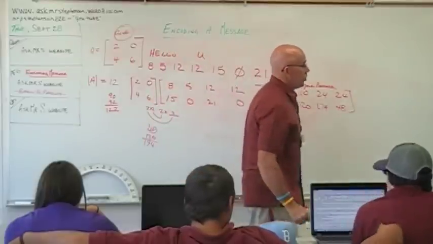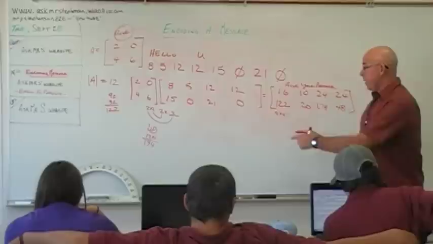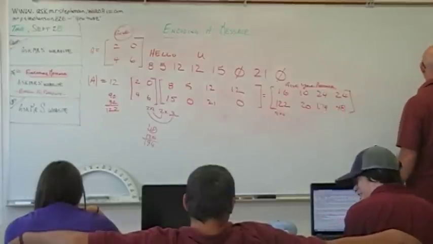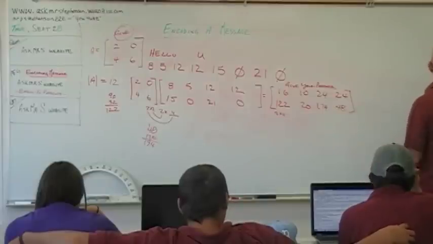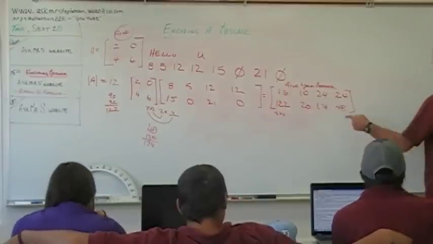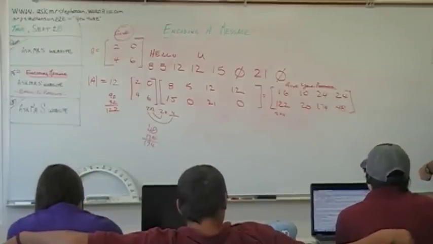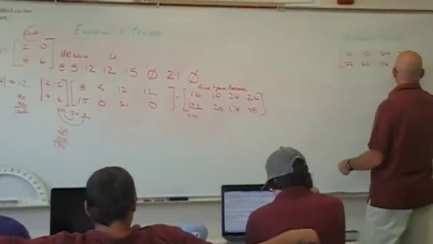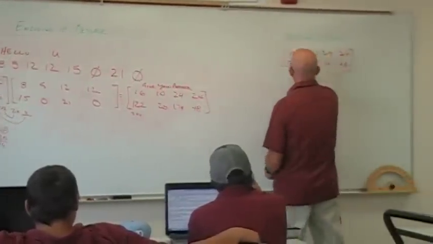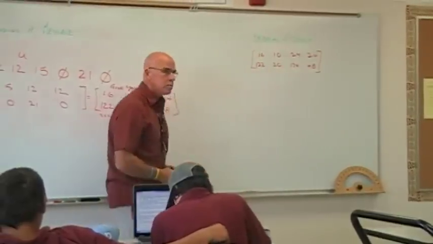You alright, Jedi captains? Yes? Yes, sir. How are we going to decode this? So I get this from my partner. I get, what, David? Simplify. What do you mean by that? You have to divide everything by 12. You multiply it by the inverse.